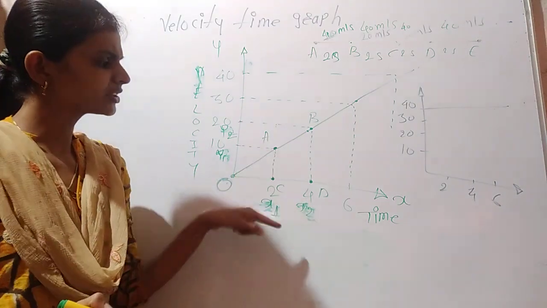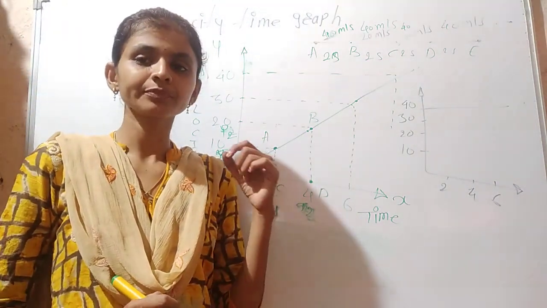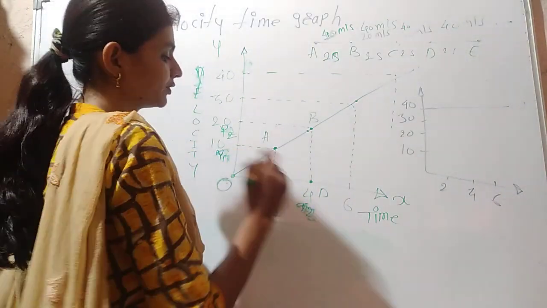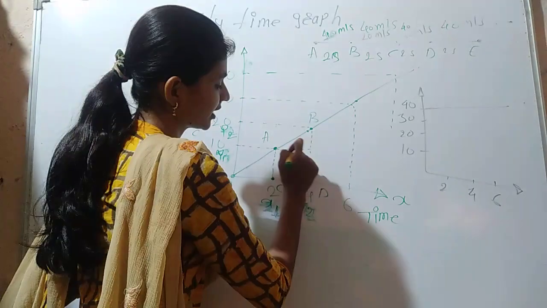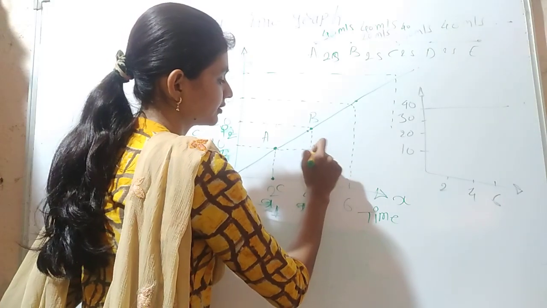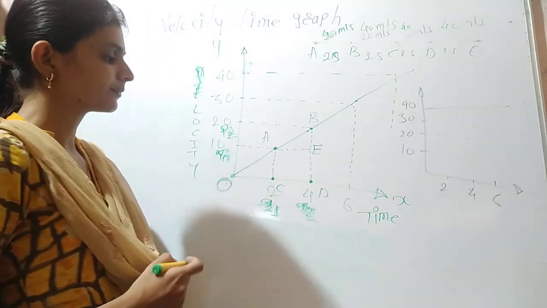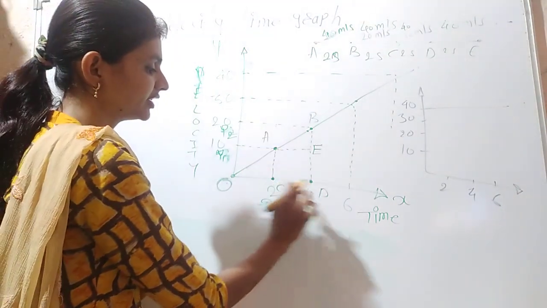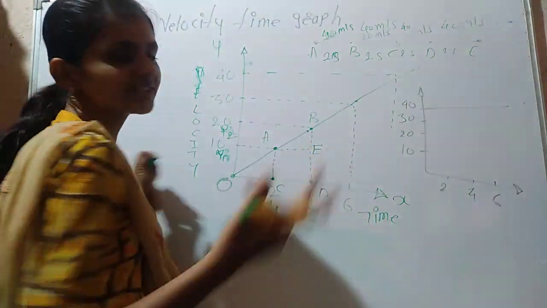Okay, so by using this trapezoid can we find the value of total distance? Again we have to make it easier. Draw one line, parallel to the x-axis from point A, and name it point E. Clearly you can see that ACDE is a rectangle and ABE is a triangle.